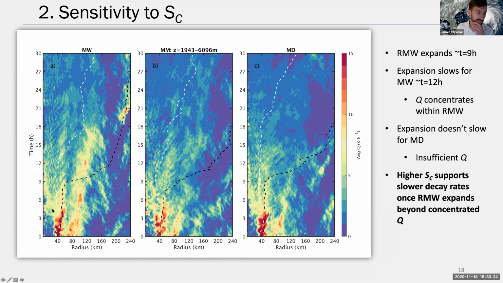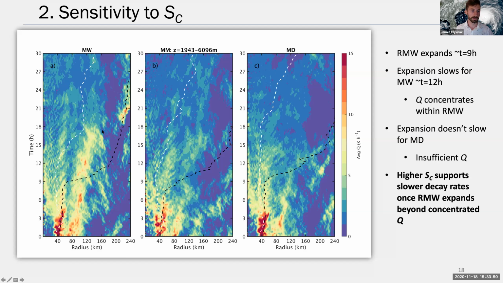So what happens is RMW expansion starts to occur as the storm weakens in every case. However, by about 12 hours, now the RMW is situated on the other side of the region of enhanced Q, or probably better put, the region of highly concentrated Q is now aligned within the radius of maximum winds.